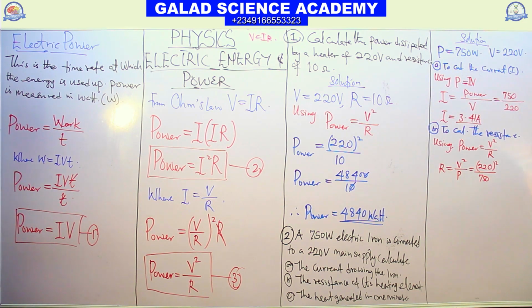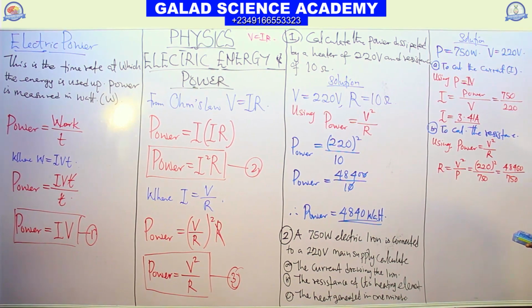If you square 220, we have 48400, divided by 750.